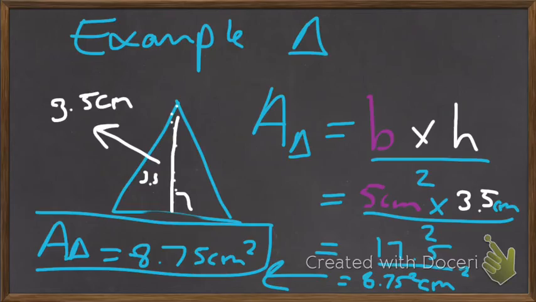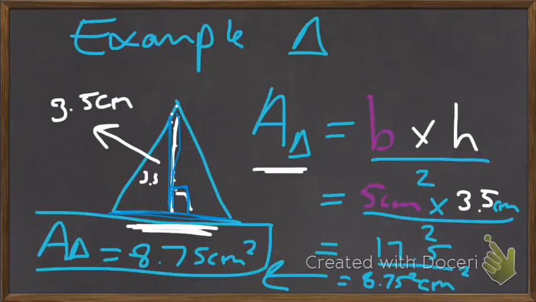So let's really quickly look at an example. Here we have our triangle. And just like our parallelogram, our triangle has a base and a height. The base is the bottom. The height is the shape that makes the H. So in this case, we have area of the triangle equals base times height divided by 2.